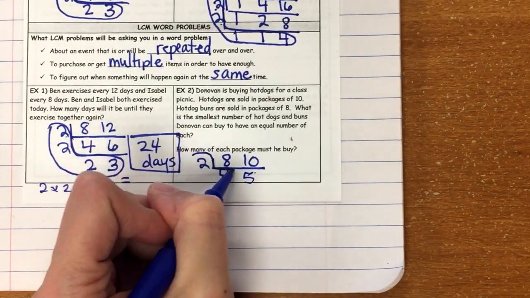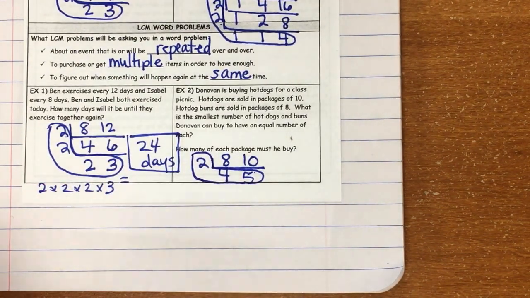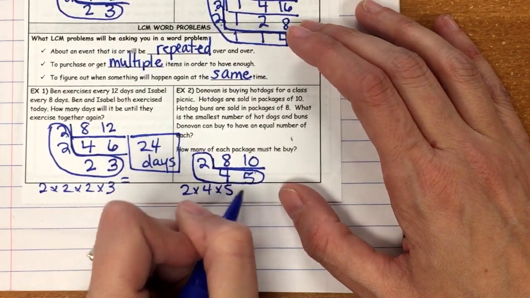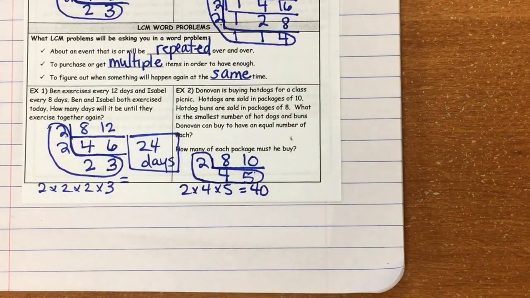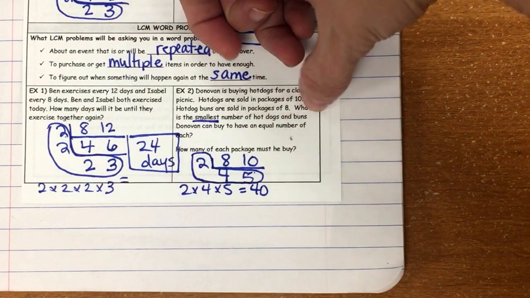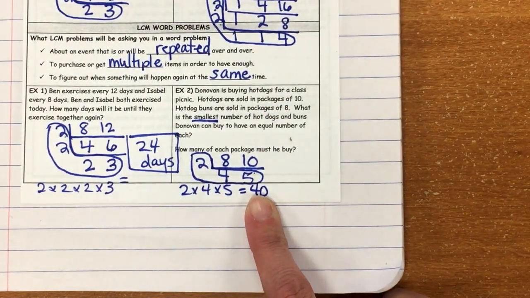So LCM makes an L. Okay? And I'm going to multiply 2 times 4 times 5, and that gives me 40. Okay? So that's the first question I'm asking. What is the smallest number of hot dogs and buns I'm going to buy? So he's going to end up with 40 hot dogs and 40 buns.